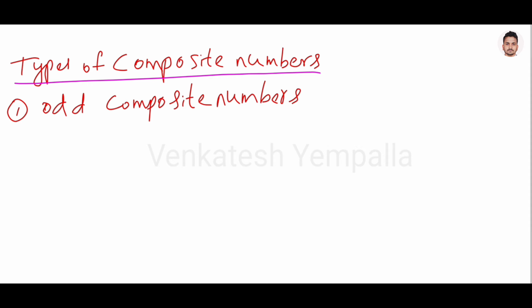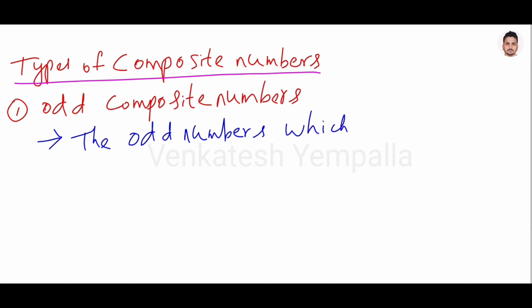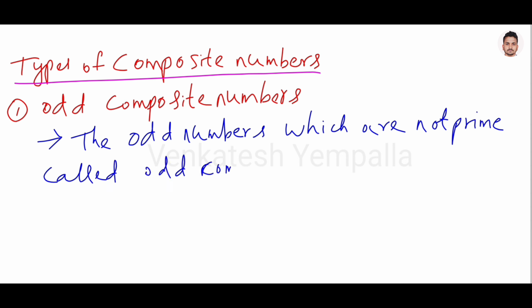The name itself says what odd composite numbers are: the odd numbers which are not prime. Why have we written not prime? For a prime number, two factors will be there. For composite, more than two factors are there. That is why we write like this, called odd composite numbers.